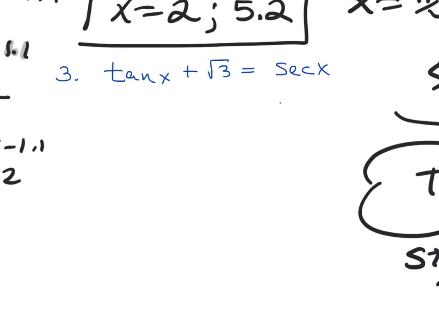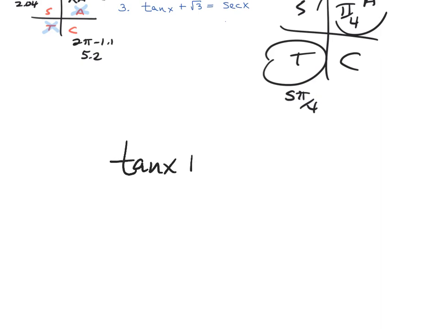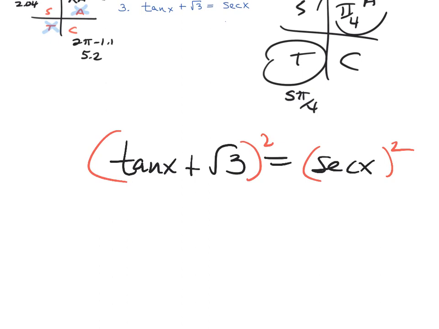All right, so here I've got a radical in my equation. So let me rewrite this problem down here. Tangent x plus root 3 equals secant x. So what I need to do here to get rid of that radical is I'm going to square both sides of my equation.